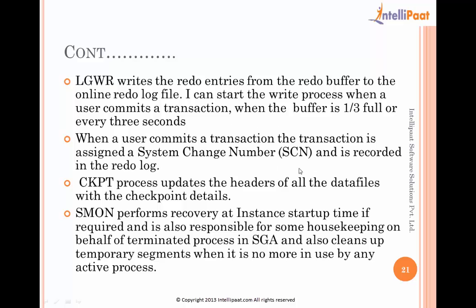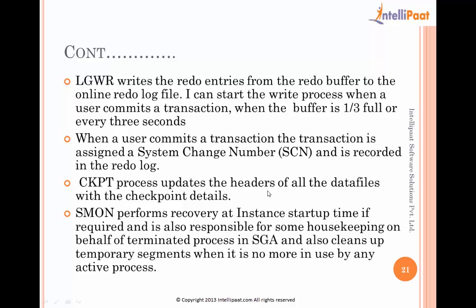This is a very important concept. The system change number is a very important concept to understand the database recovery process, and how the transactions are recorded into the database, and while recovery, how this number helps in restoring the database and is recorded in the redo logs.